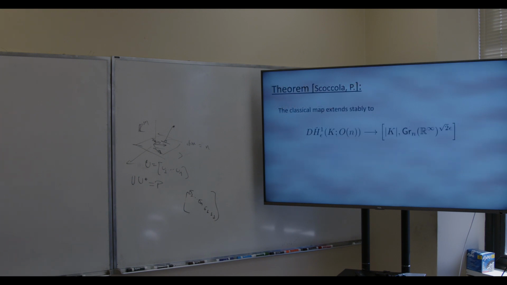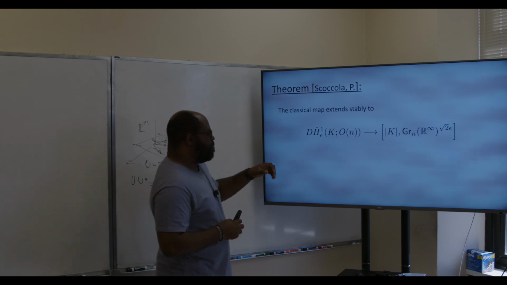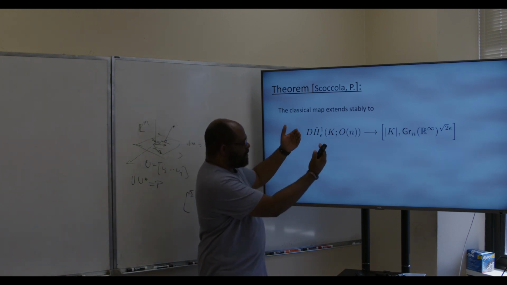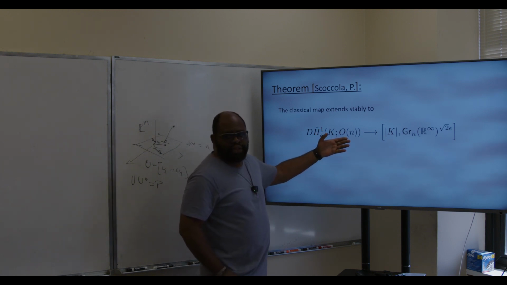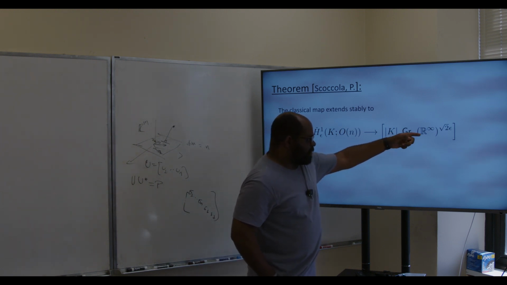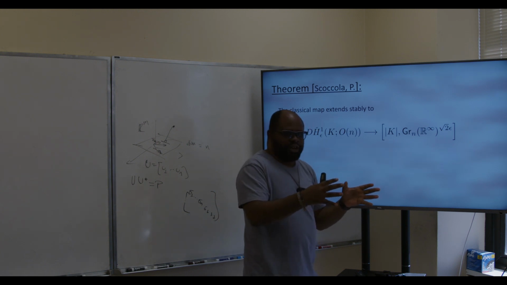So here's the first theorem we prove. We show that the classical map from cohomology to Grassmannians can be extended to the level of approximate cocycles in such a way that you don't get maps to the Grassmannian on the nose, but you have to go to some fattened version of the Grassmannian.